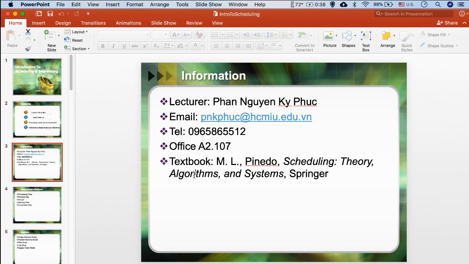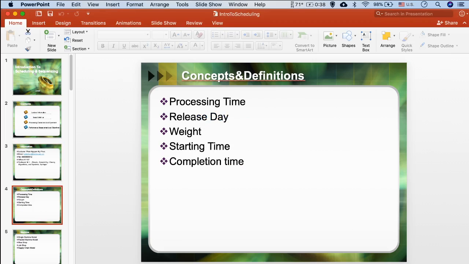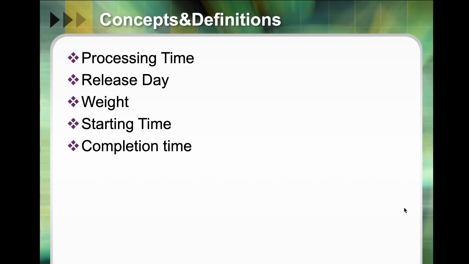Before we go further, first of all we need to understand the contents of this course. Scheduling, sequencing and planning are terms that usually refer to the action of planning. Planning is how we can assign or arrange jobs in some specific order.